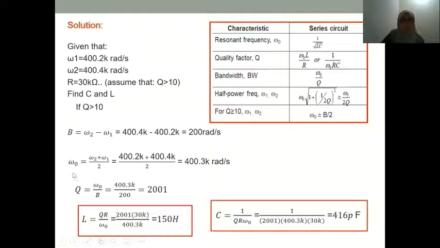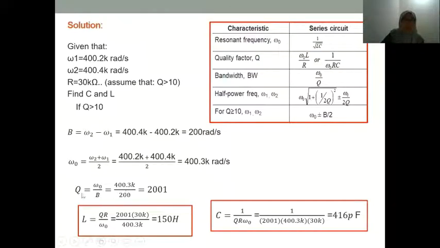Then omega naught is omega 1 plus omega 2 divided by 2, because omega naught is in between omega 1 and omega 2. So you have omega naught is 400.3 kilo radian per second.